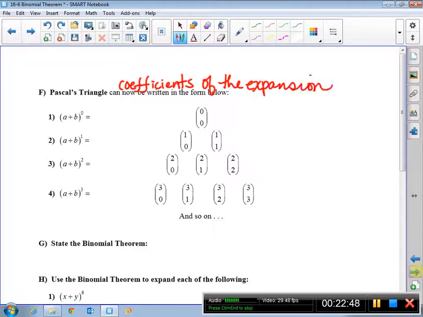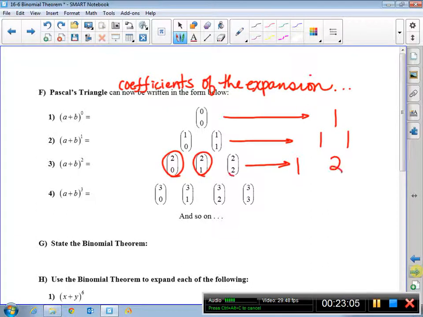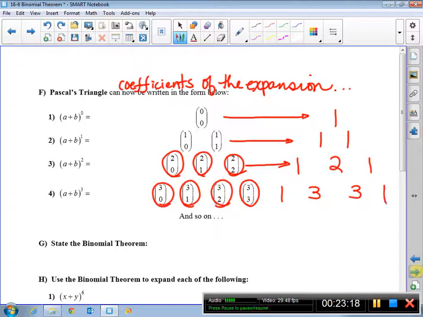for binomials. So I'm going to just say 0 choose 0 is 1, 1 choose 0 is 1, and 1 choose 1 is 1. 2 choose 0 is 1, 2 choose 1 is 2, and 2 choose 2 is 1. 3 choose 0 is 1, 3 choose 1 is 3, 3 choose 2 is 3, 3 choose 3 is 1.